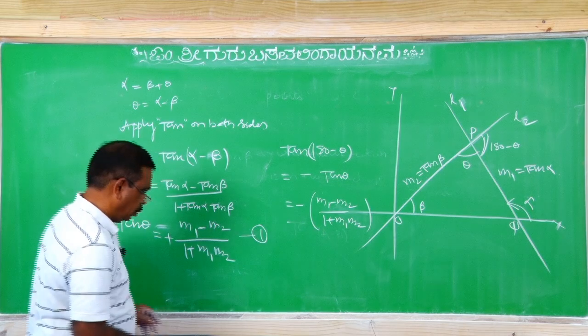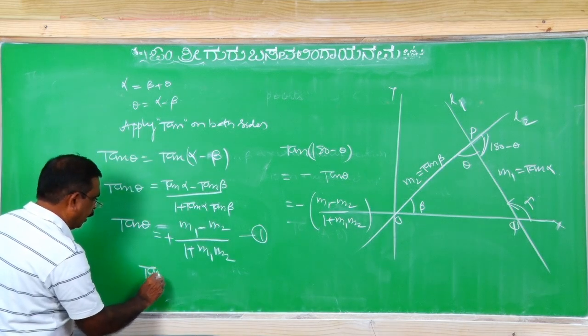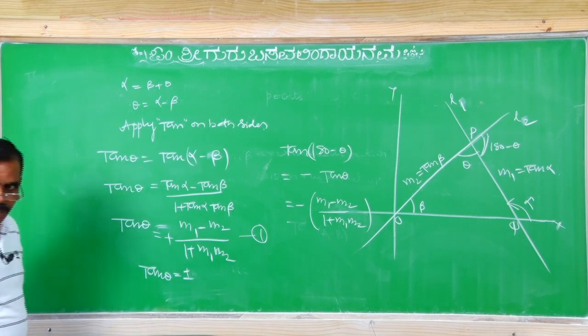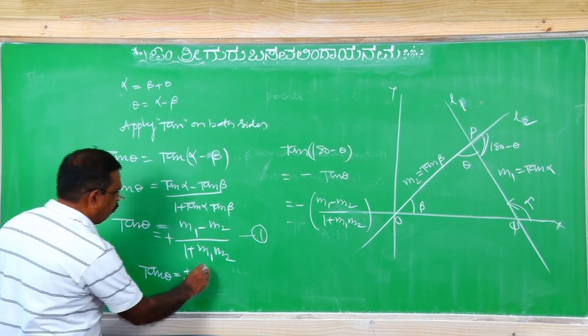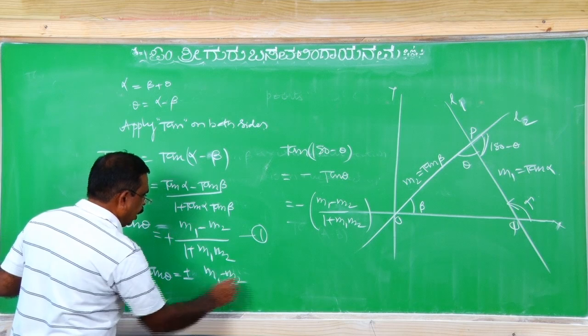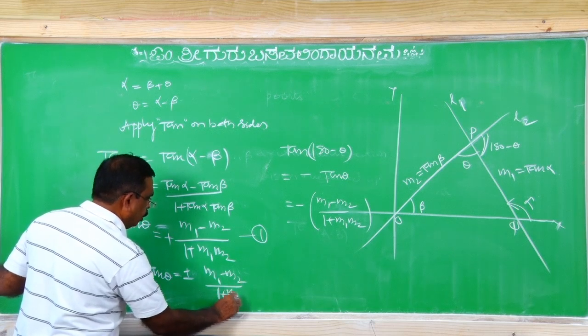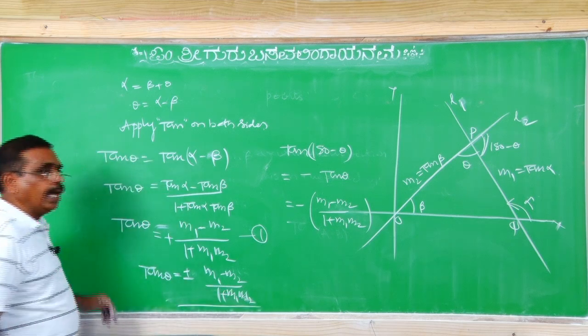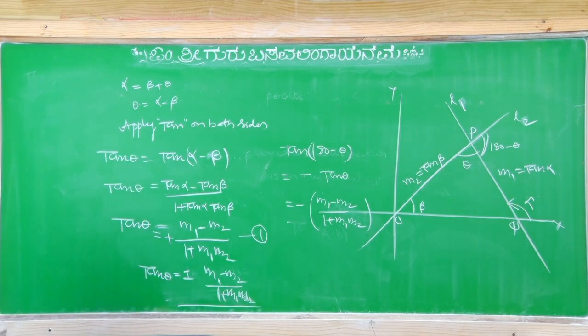Combined, what you write? Tan theta is equal to, tell me, plus or minus, what you write? Plus or minus m1 minus m2 by 1 plus m1 m2. Write down. This is the angle between the two lines.